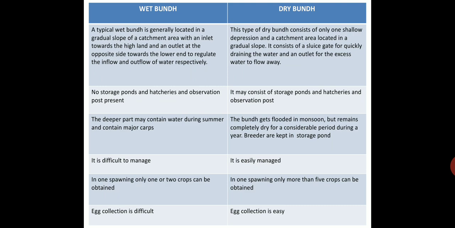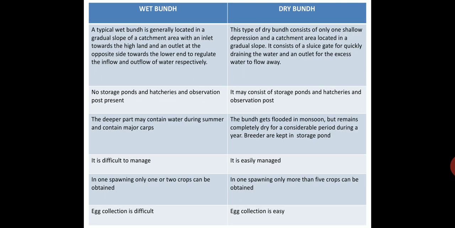The deeper part may contain water during summer and contain major carps. In the dry bund, the bund gets flooded only in the monsoon but remains completely dry for a considerable period during the year. So at that moment when there is no water, the breeders are kept in the storage pond.